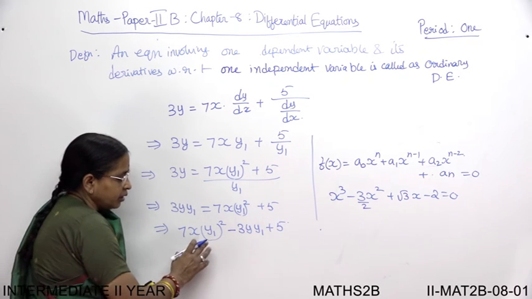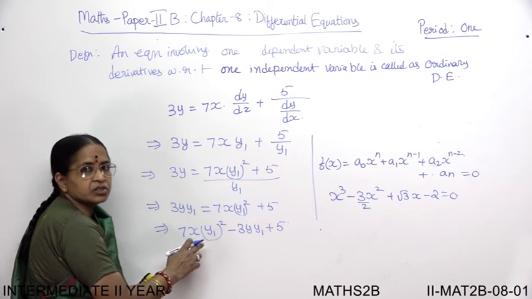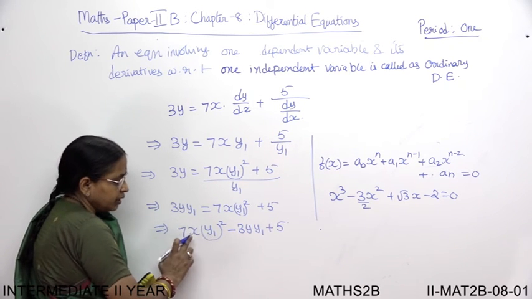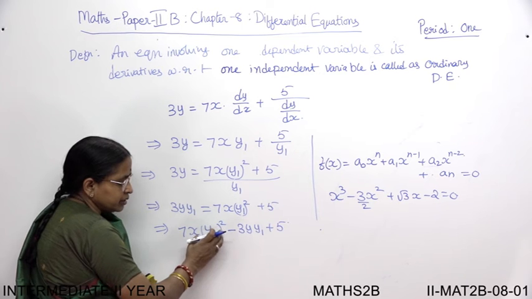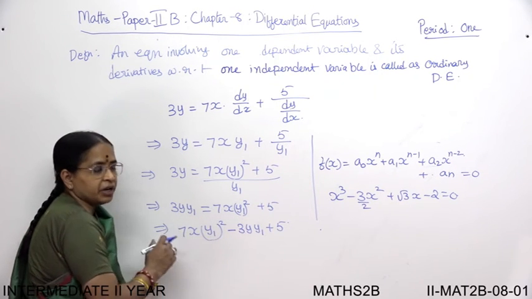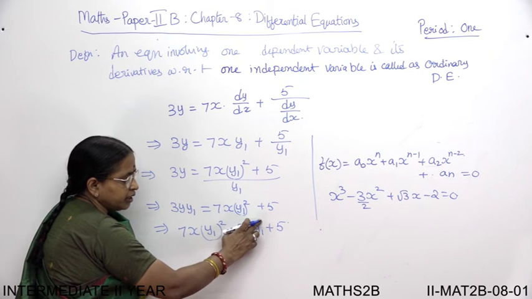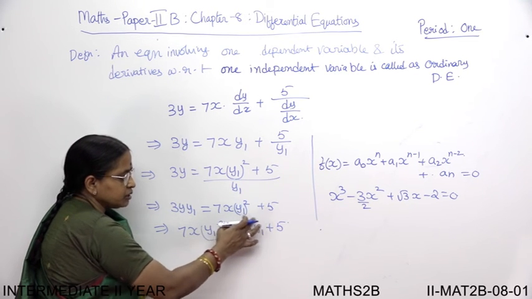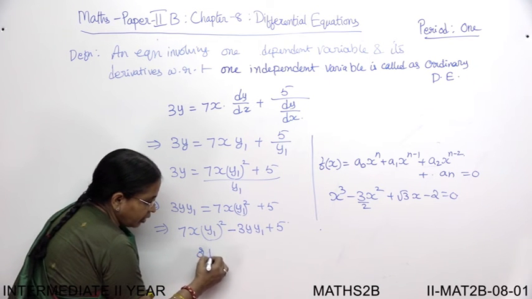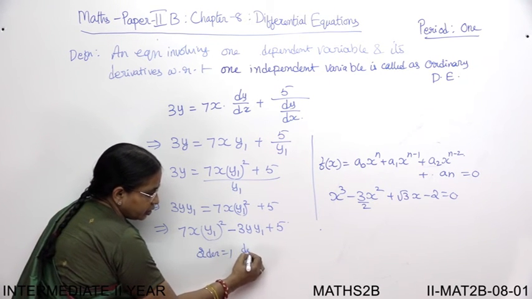The order of the differential equation is 1 because the highest order derivative is dy by dx. The degree is the highest power of the highest order derivative. What is the highest power of y1 here? Here it is 1 and here it is 2. The greatest of these is 2. So the order is 1 and the degree is 2.